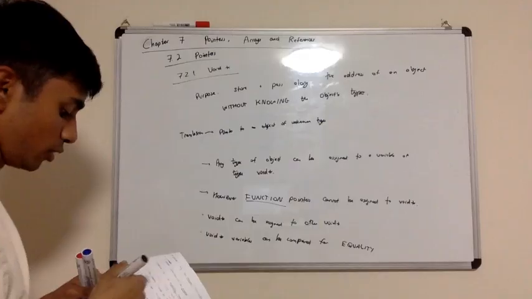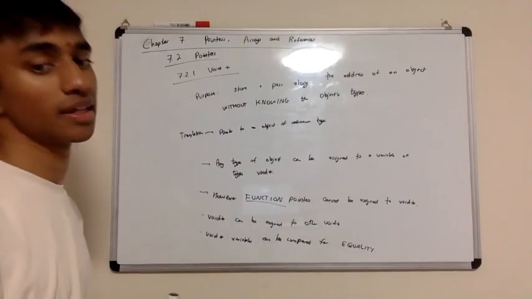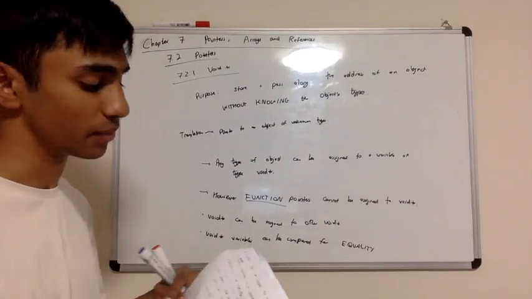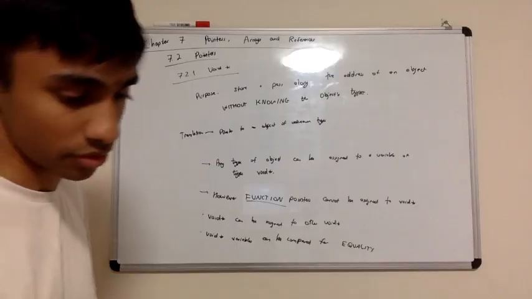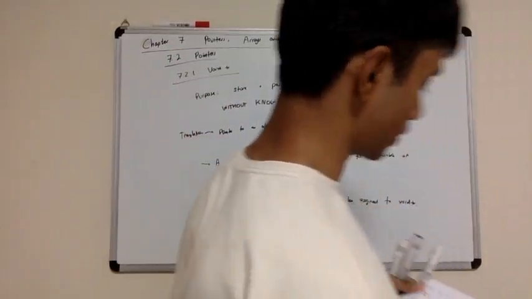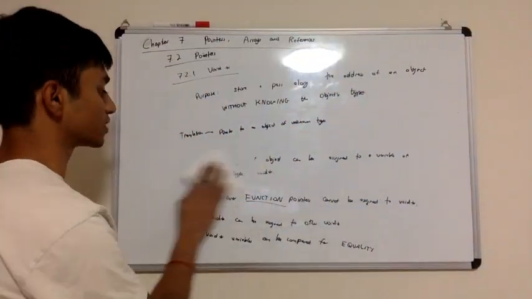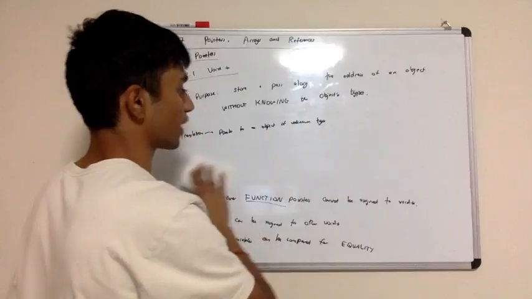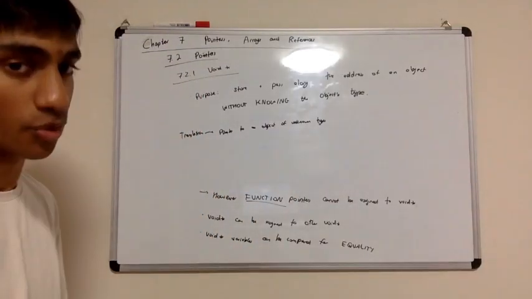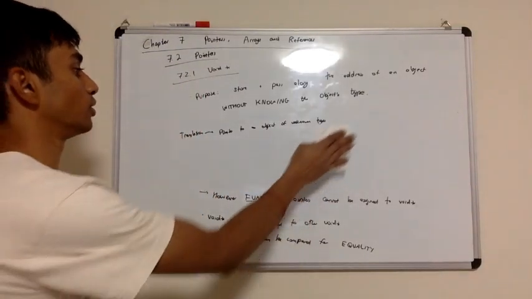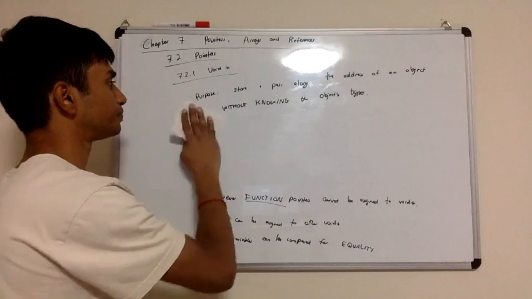If the addresses that two void stars hold are the same, then you know it's the same object, so they're equal in that sense. Otherwise, they're unequal. However, because you don't know the type, you can't check for values within the addresses that the void star holds. You can only check if those addresses are equal.